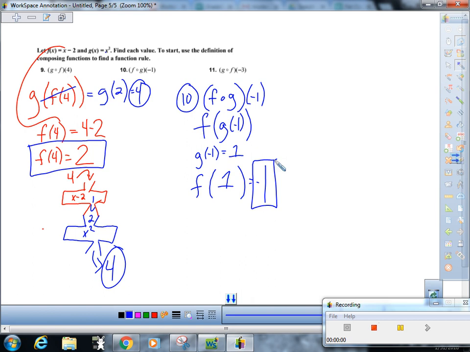And finally, number 11. So we're going to do f of negative 3 first, and then we're going to do g of whatever we get for that. What is f of negative 3?